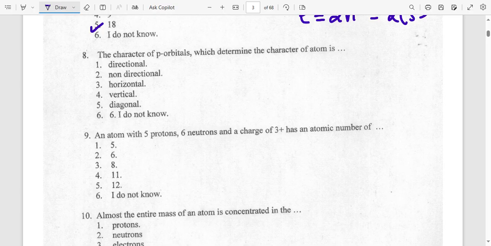So the oval shape, the oval shape. Go on. Okay, so p orbital.